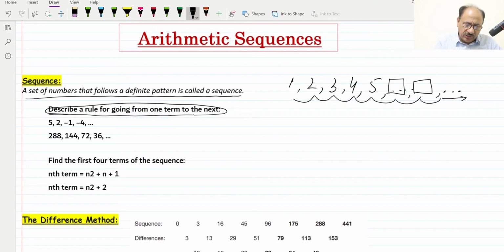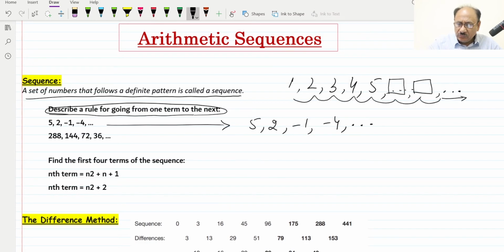The sequence we are discussing is 5, 2, -1 and -4, and so on. If we check the difference between these, how do we find the difference? Second term minus first term. So 2 minus 5 is -3. So our difference is -3 when we go from the first term to the second term.